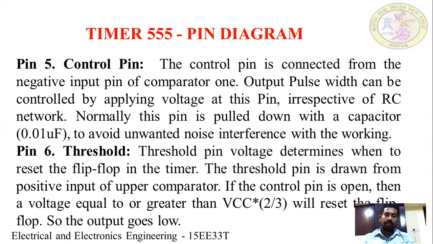Pin number 5 is the control pin. It is connected to the inverting input terminal of comparator 1, that is, the negative input. Output pulse width can be controlled by applying a voltage at this pin irrespective of the RC network.